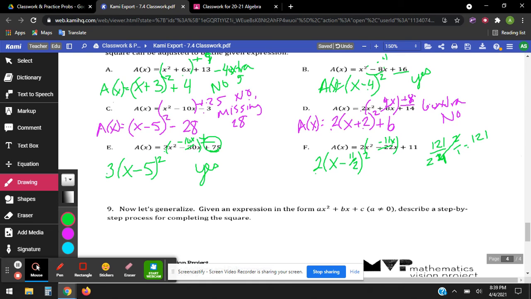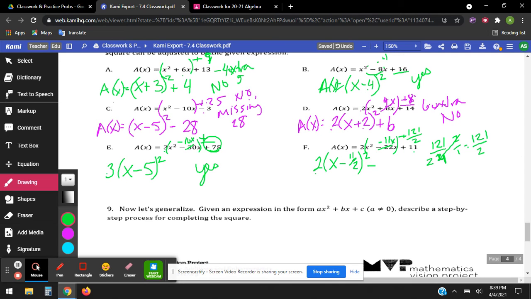So I have 121 over 2. Well, I need to, let me think here. So I should have 121 over 2, which is bigger than 11, so I don't have enough.